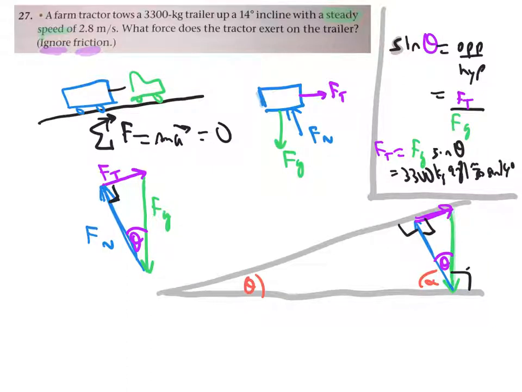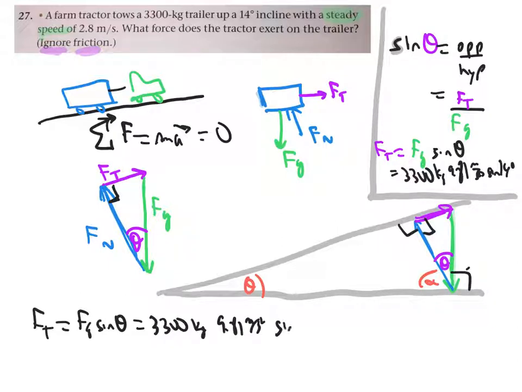Wow, that was terrible. Let's go over here and say that FT is FG sine theta, so it's the mass, 3,300 kilograms, times 9.81 meters per second squared, times the sine of 14 degrees, which comes out to be 7,831 newtons.